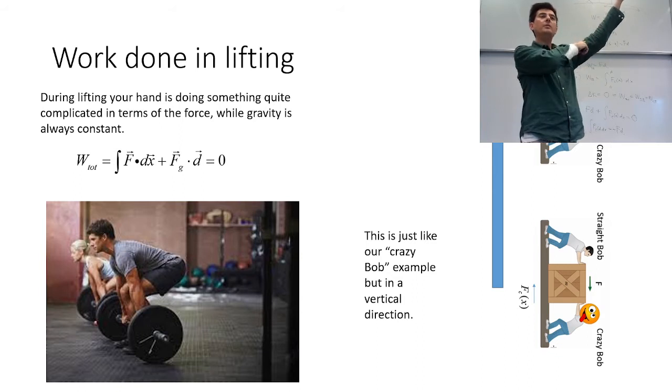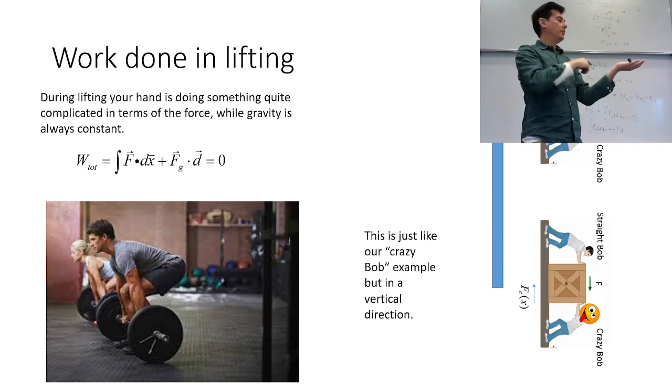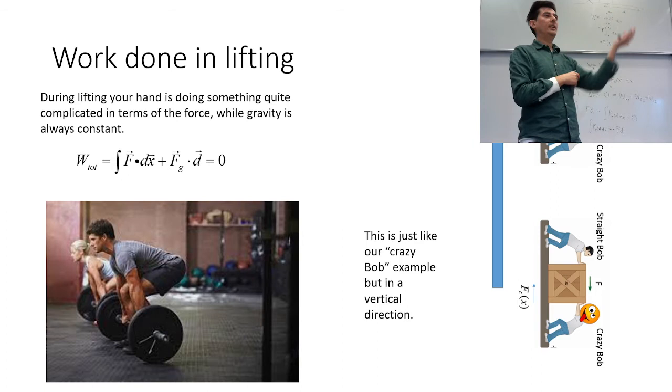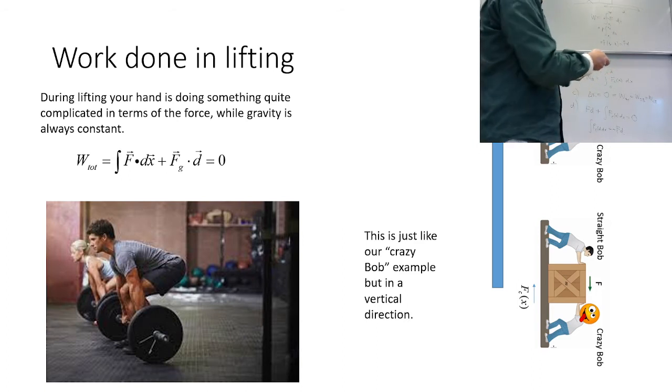So kinetic energy is what? Zero. Okay. So kinetic energy here was 0. Kinetic energy here was 0. So what's the change in kinetic energy? 0, right? So there's actually no change in kinetic energy. Okay. So the total work done on this is equal to 0, right?